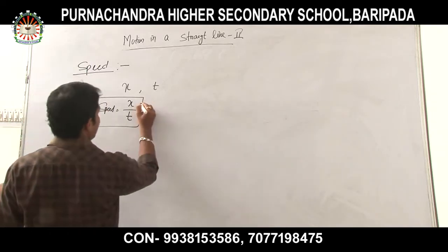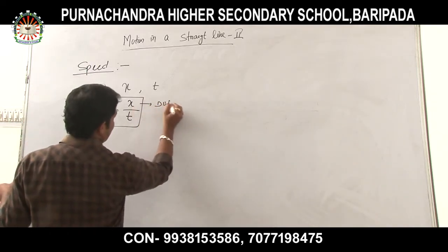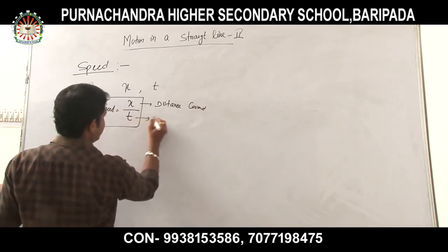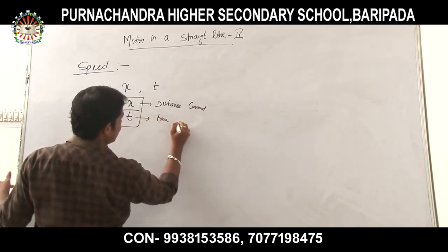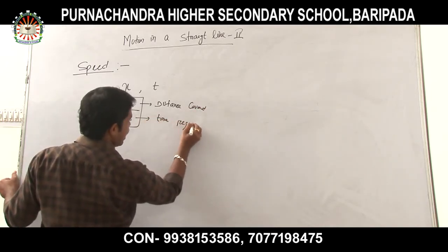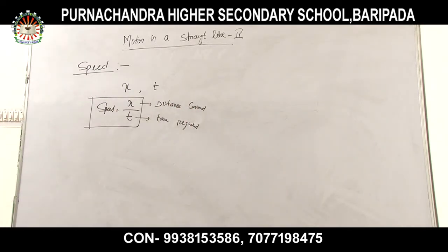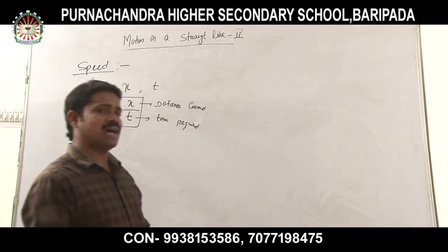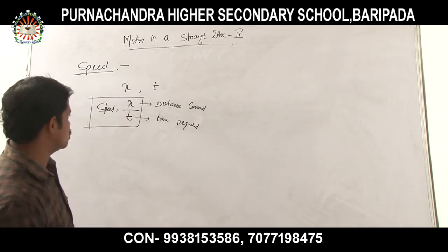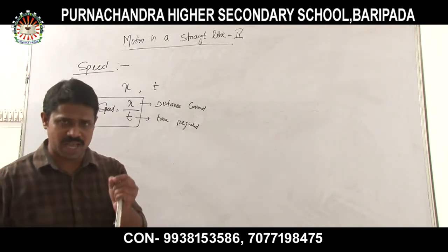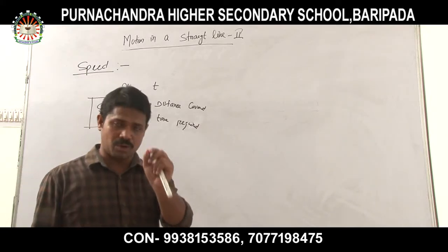Again I will repeat, where x is the distance covered and t is the time required to cover the distance. Understood? So speed is nothing but the rate of change of distance of a moving object.